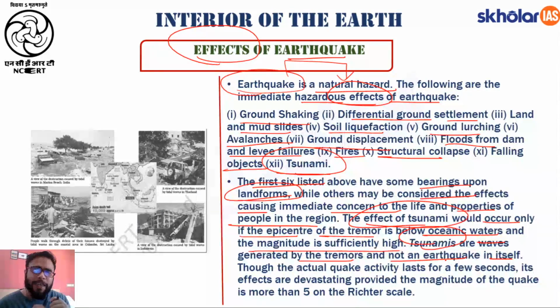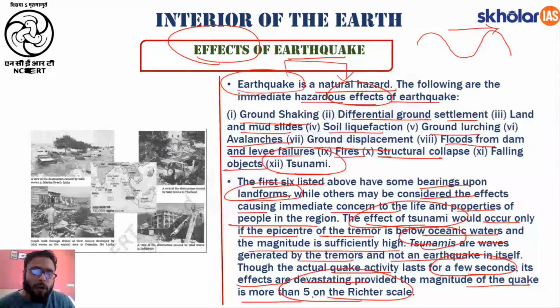Fine. So as the earthquake releases energy, what will happen? This energy will travel via the water bodies, and the water will be displaced, it will develop crests and troughs, and this moves towards the land areas, right? So though the actual quake activity lasts for a few seconds, its effects are devastating provided the magnitude of the quake is more than 5 on the Richter scale.